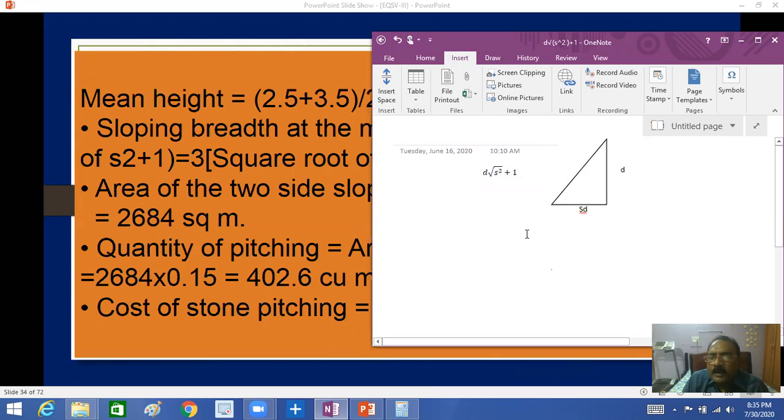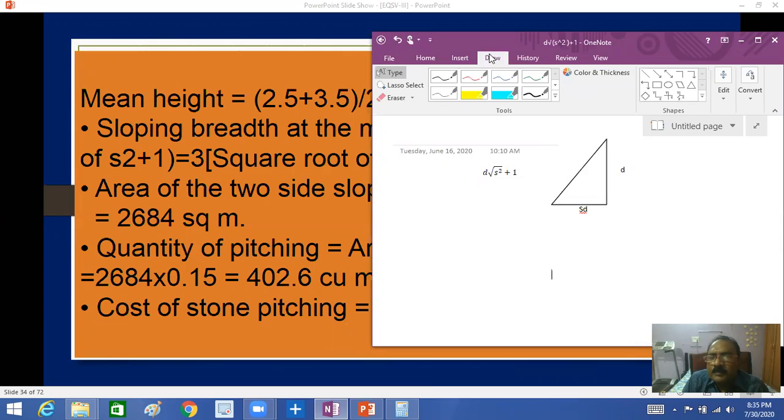If you draw this, here is your pitching area, like this.